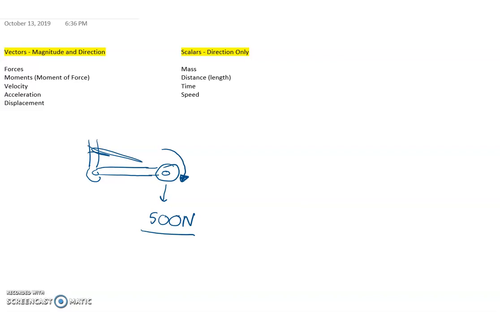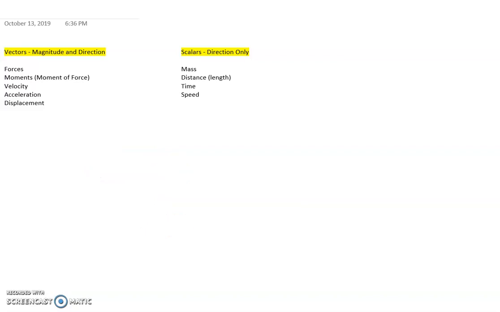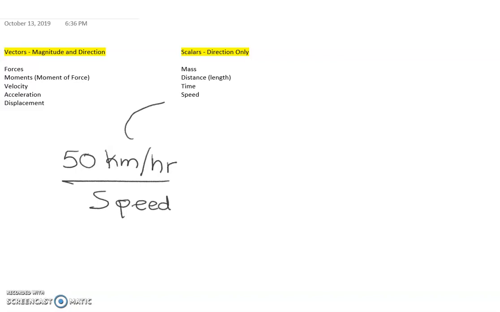Okay. When we're talking about velocity, same thing. Remember from the video I gave you guys in class? It's not the same thing to say that your speed is 50 kilometers per hour. This is speed, which is right there. That's a scalar.